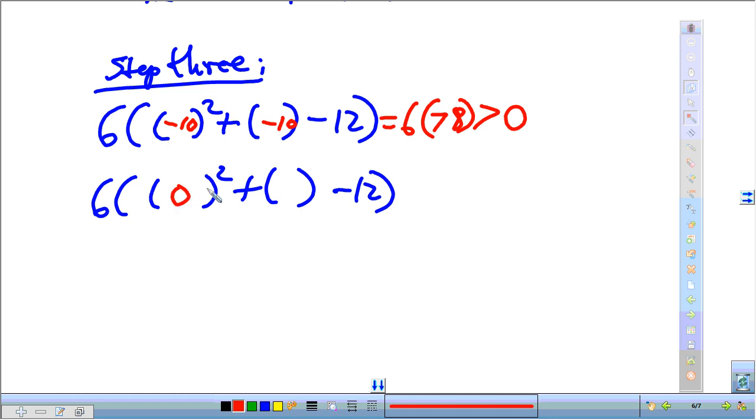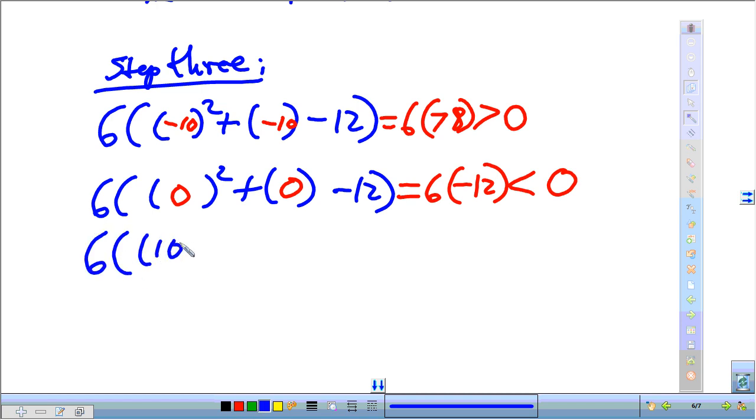The next test value I chose was a 0. So now we have a 6 and a minus 12, certainly less than 0. And then I moved over, and my last test value was plus 10.